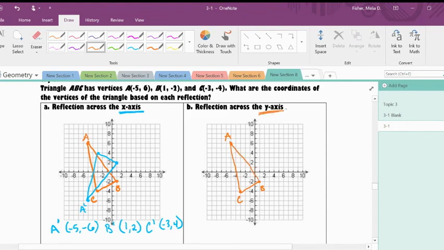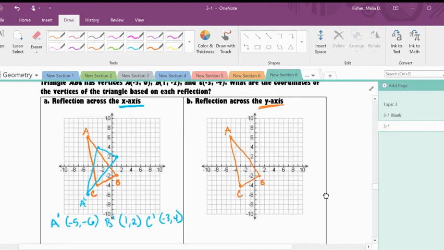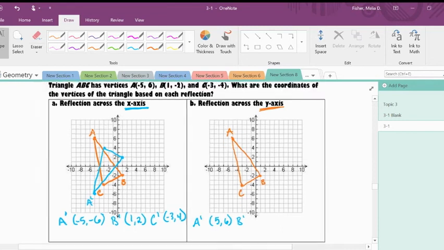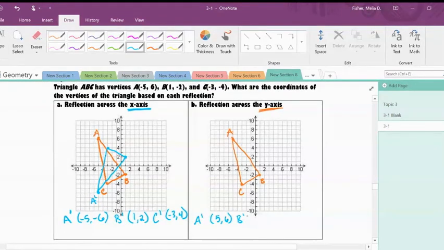And so we're going across the y-axis. That means we're changing the x values. So our A prime would be at 5, 6. B prime is at -1, -2. And C prime is at +3, -4.